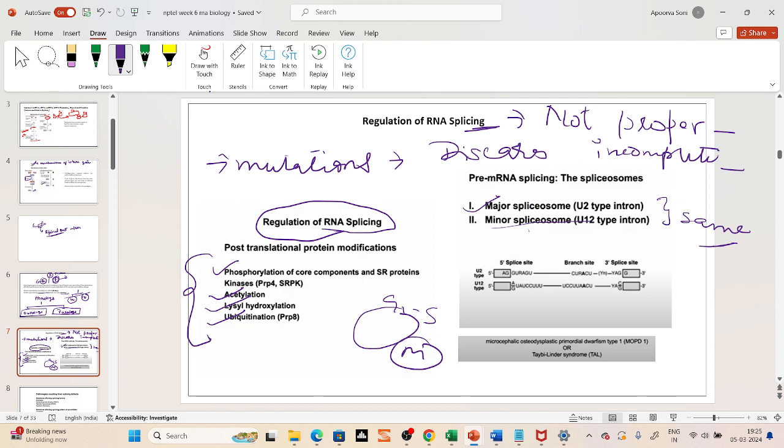So our body also has a plan B for each process, and minor spliceosomes are nothing but a plan B for splicing events.